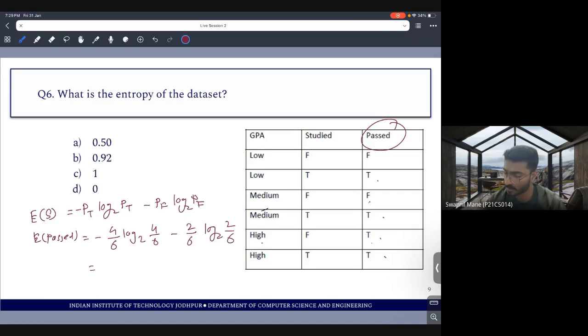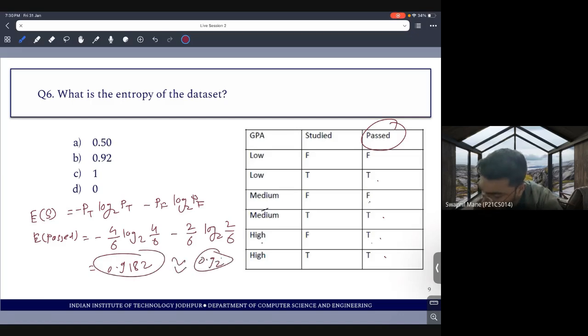After calculating you will get something about 98182, something like this. You can calculate using any calculator or any programming as well. So what could be the nearest value which is near to the 0.92 of this?